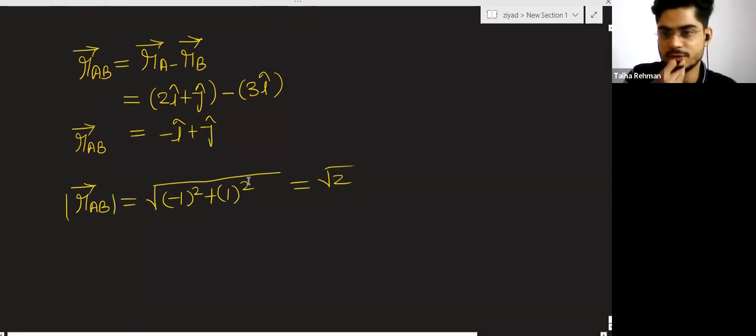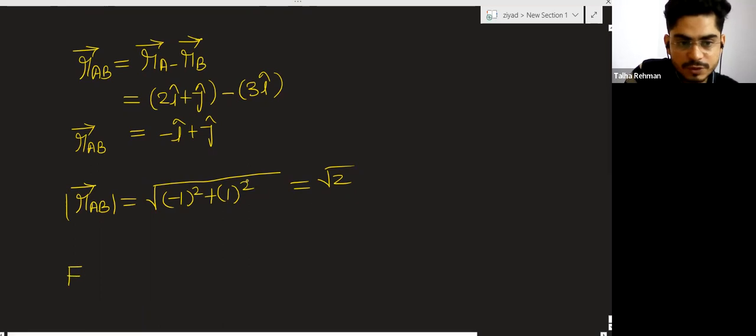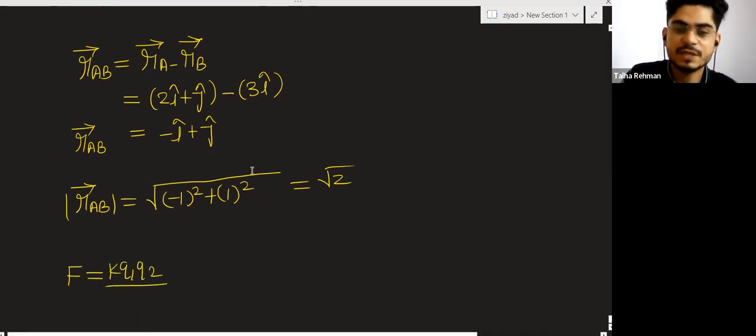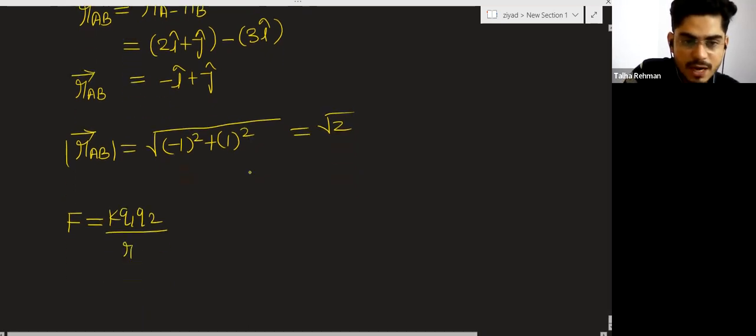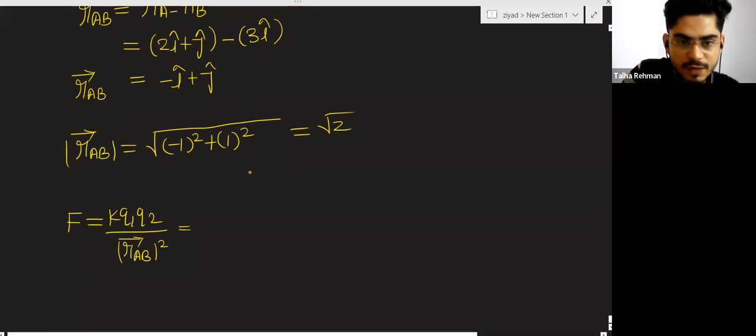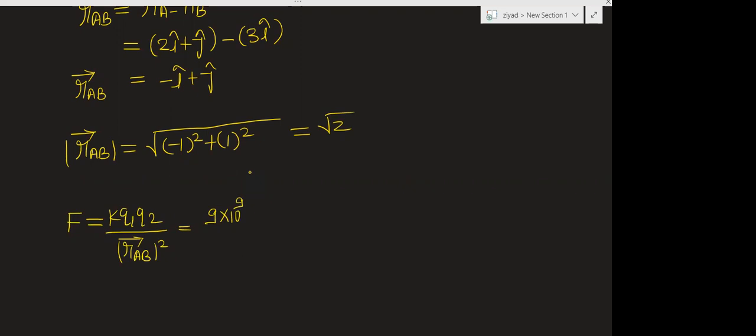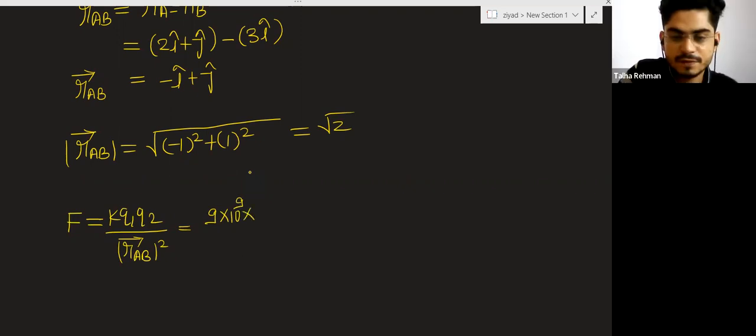And if you want to find the value of force, then you will write K Q1 Q2 divided by the distance between them squared, means RAB mod square. The value of K, we will take 9 into 10 to the power 9, and the value of Q1 is 3 into 10 to the power minus 3.